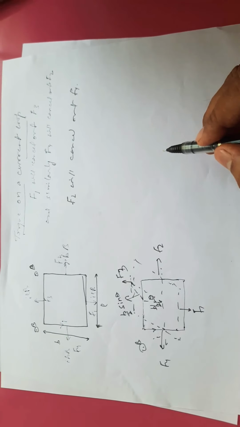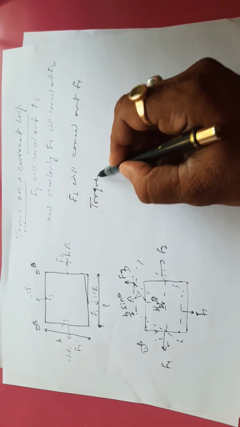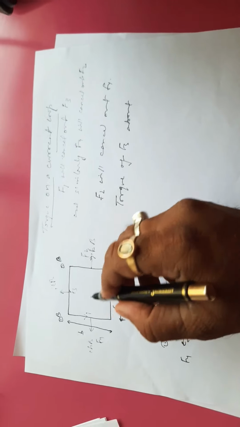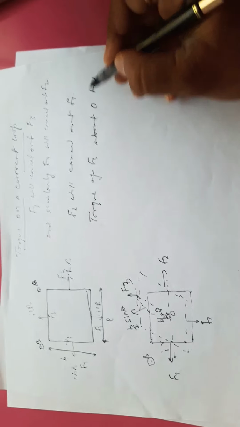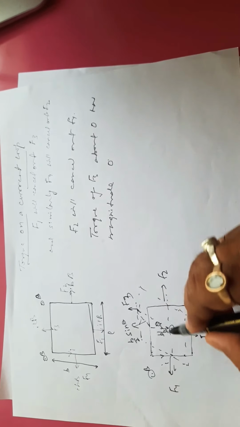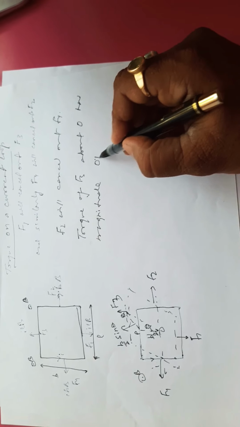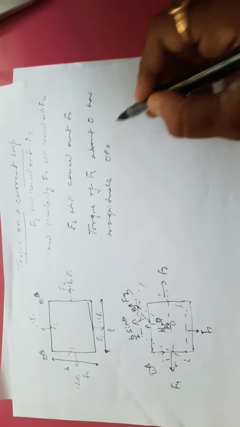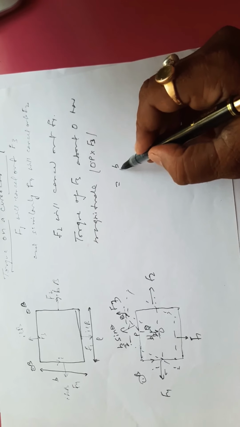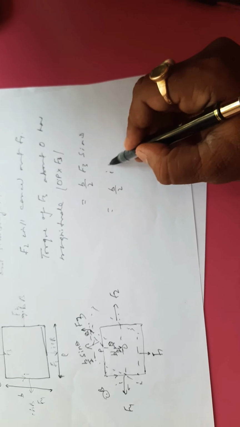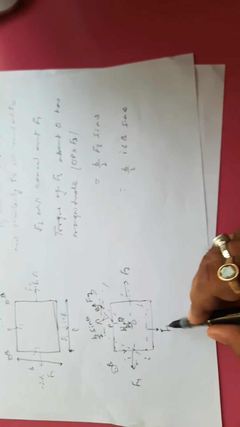So the torque of F3 about O has magnitude, let it be OPQ, OP cross F3, that is force into perpendicular distance, B by 2 F3 sine theta, and we know F3 is ILB sine theta. F1 will have the same magnitude.